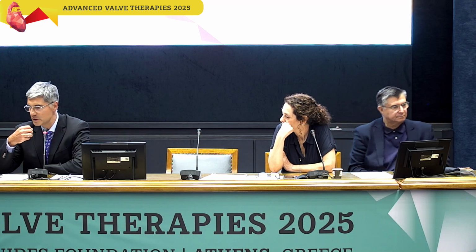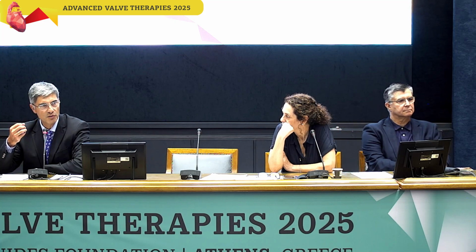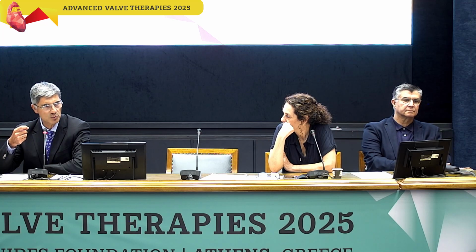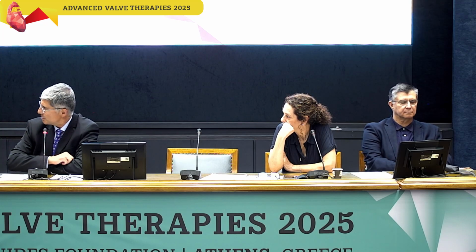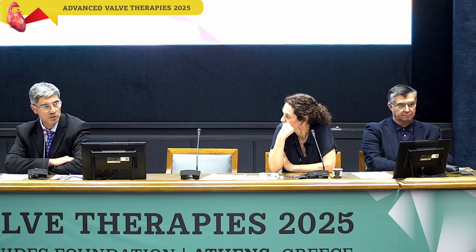So we notice in this case the Occlutech device is the only one specifically designed for paravalvular leak closure, and maybe, of course, there are some caveats. The sheath is more burdensome to manipulate, but I think it's a good depiction of how to do paravalvular leak closure.